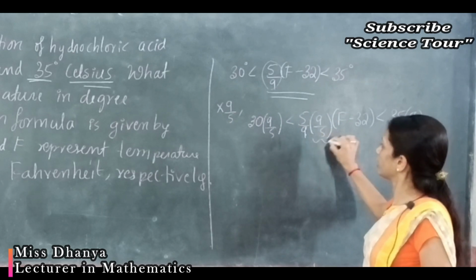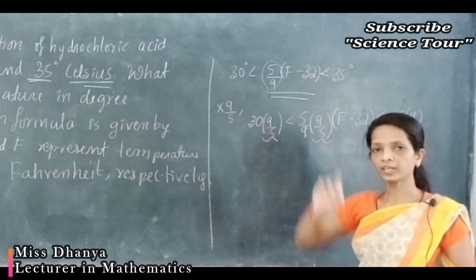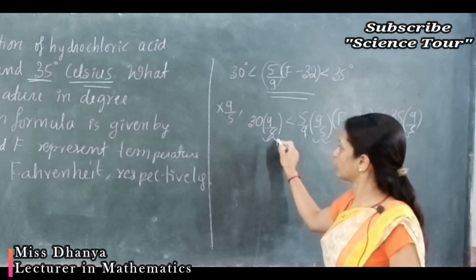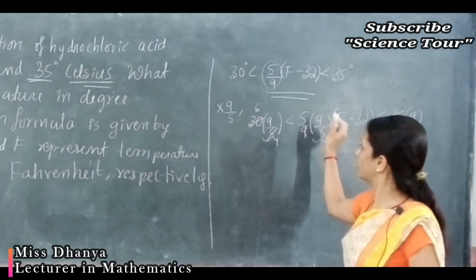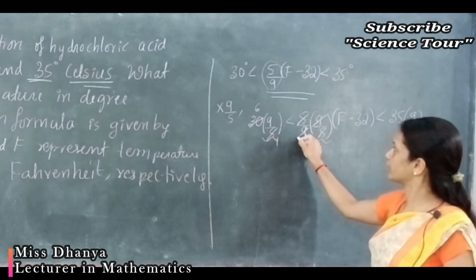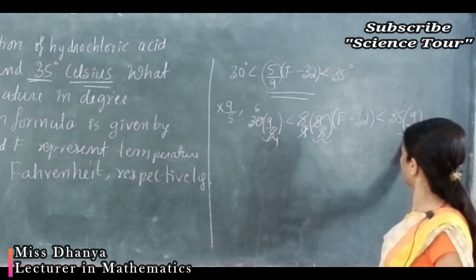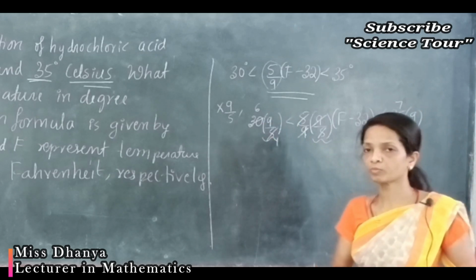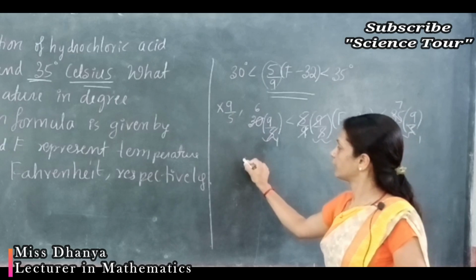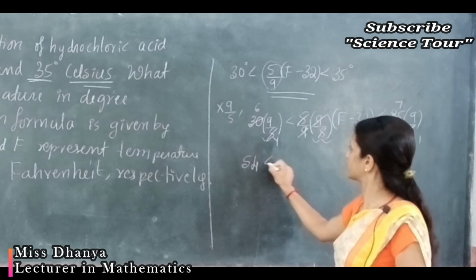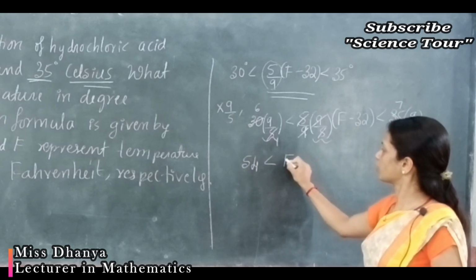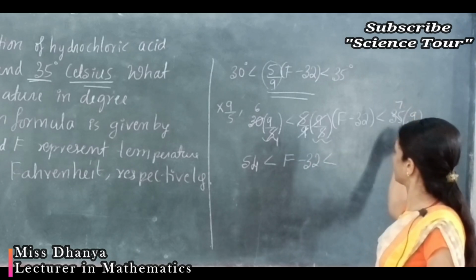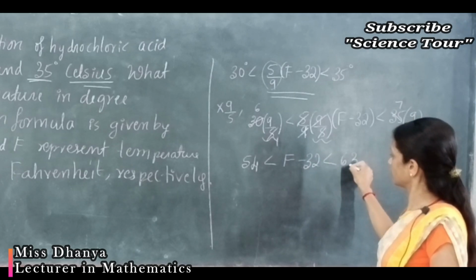We multiplied by 9/5 on each side of the inequality. Here that simplifies: 5 ones are 5, 6 times. Here 5/9 × 9/5 cancels, and here 5 ones are 5, 7 times. The remaining numbers you simplify: 6 into 9 is 54, less than F - 32, less than 7 into 9, that is 63.